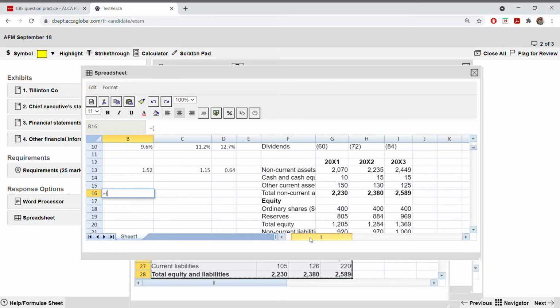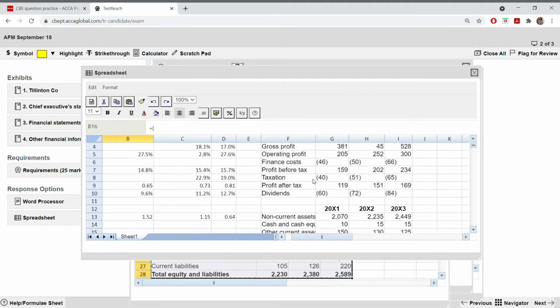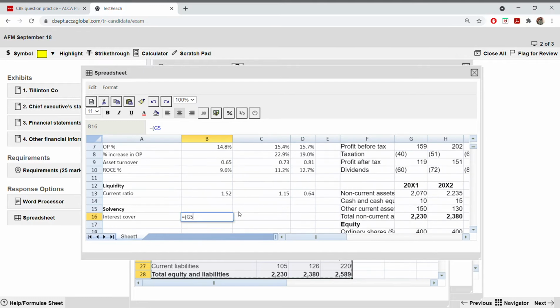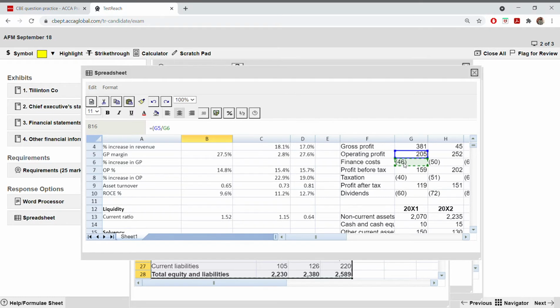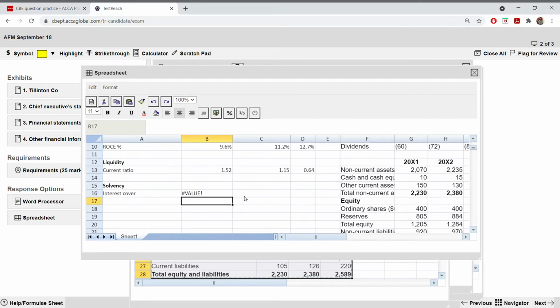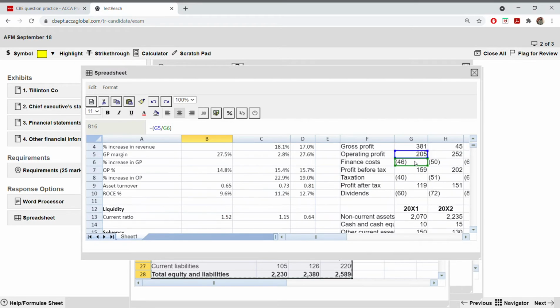Profit before interest and tax, operating profit, divided by interest. What is your interest? Interest is your finance cost, 46. Enter. It will not show because it is in bracket. If you see this is in bracket, it will not show. So what do you have to do?